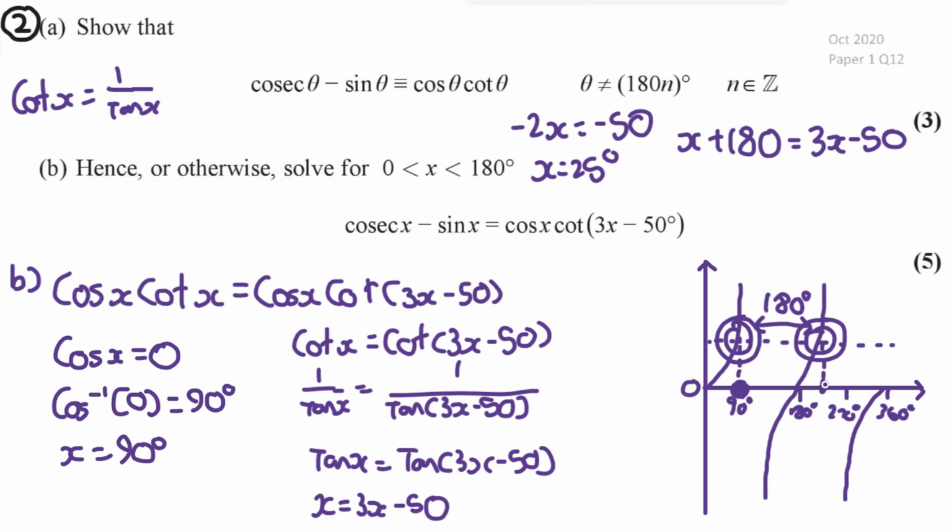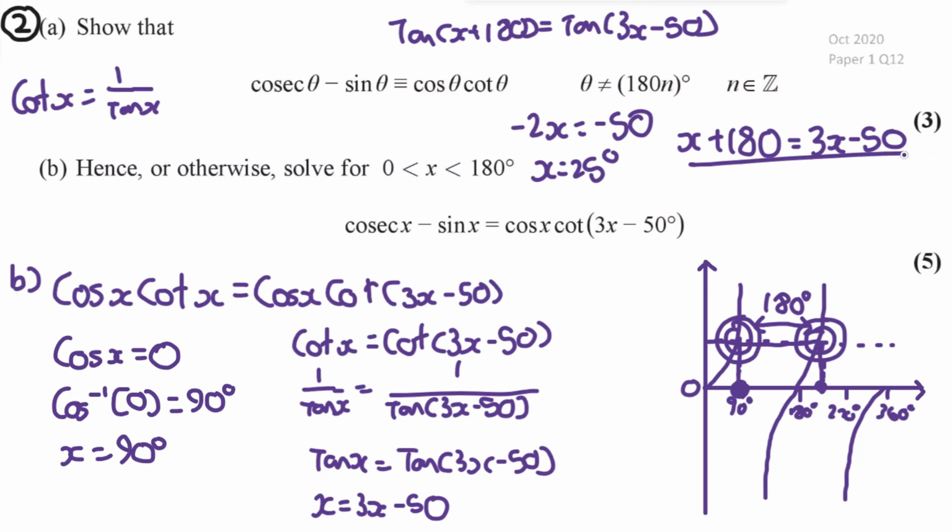Even though these give out different points on the x-axis, because we've specifically tanned these values, when you tan them, they give out the same y value, such that tan of x plus 180 is equal to tan of 3x minus 50. When you tan these specifically, they give out the same value and they're both equal to each other.